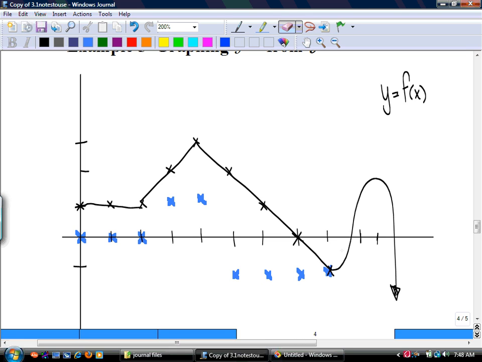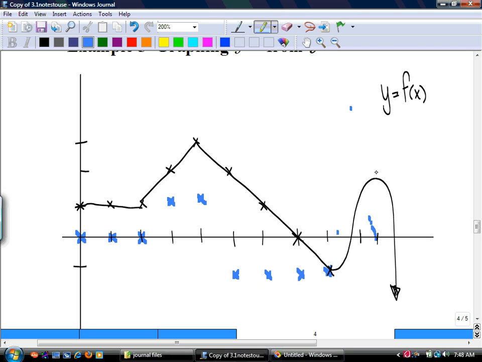Small positive slope, really big positive slope, small positive slope, no slope. So this is where you kind of have to go, what? I'm guesstimating here. Small positive slope, small positive slope. Oh, good.